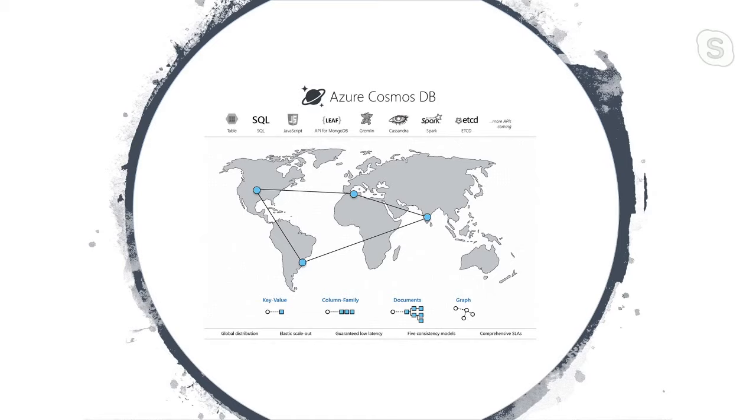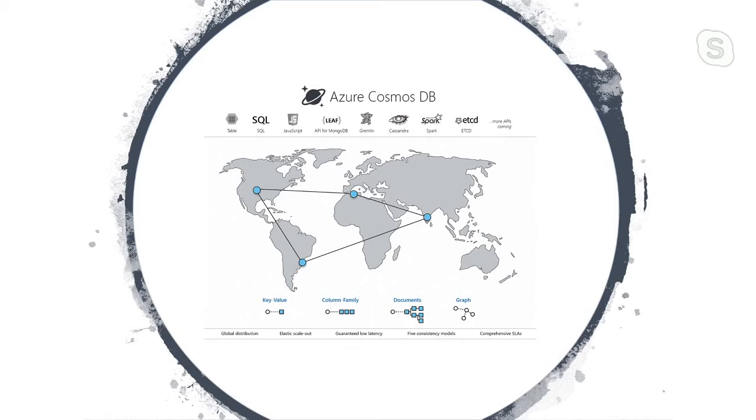You can elastically scale the throughput and storage. As you can see from the map, you can scale it across various regions, and you can do this with a simple click of a button. You get fast single-digit millisecond data access latencies, which makes it really useful for distributing data throughout the world and retrieving that data at blazing speeds.